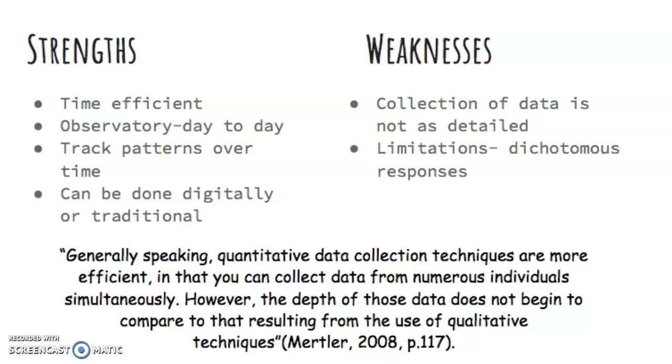However, the depth of those data does not begin to compare to that resulting from the use of qualitative techniques, meaning that there are limitations. You're looking at it from a numerical standpoint rather than a more detailed, in depth response, such as field notes, for example, where you get more information. Checklists are, in my opinion, the very basic of collecting data.